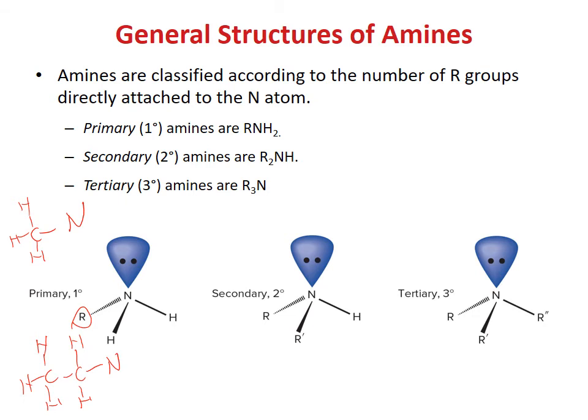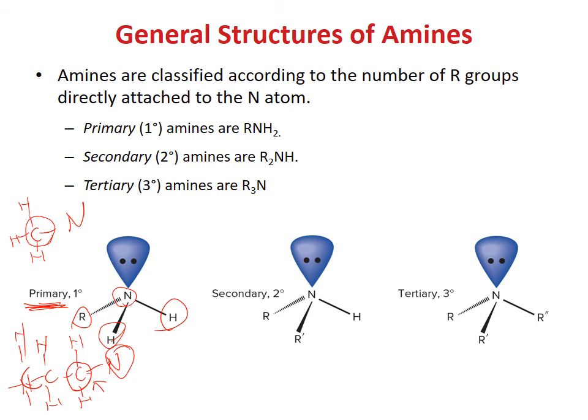However, in any event, the nitrogen is attached to only one carbon. Now if you add more carbons, so propyl, the nitrogen is still attached to only one carbon. And the other two the nitrogen is attached to are hydrogens. And this is called a primary amine. A primary amine is when nitrogen is attached to one carbon.